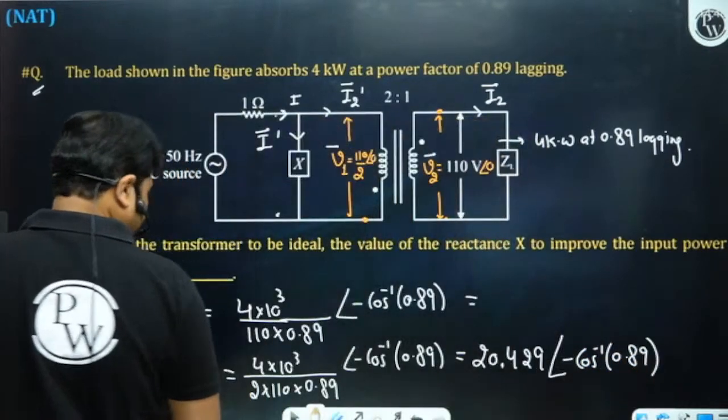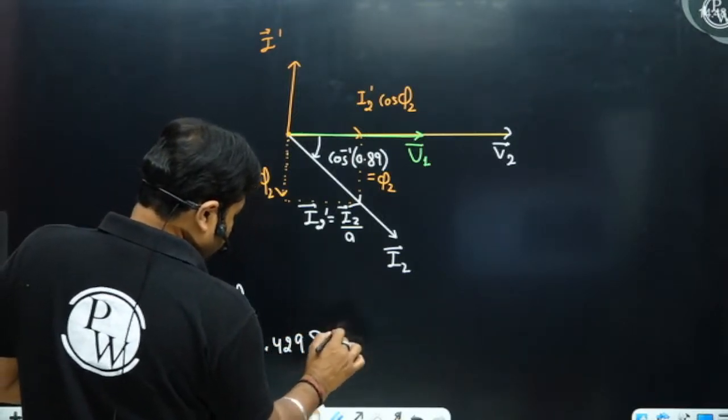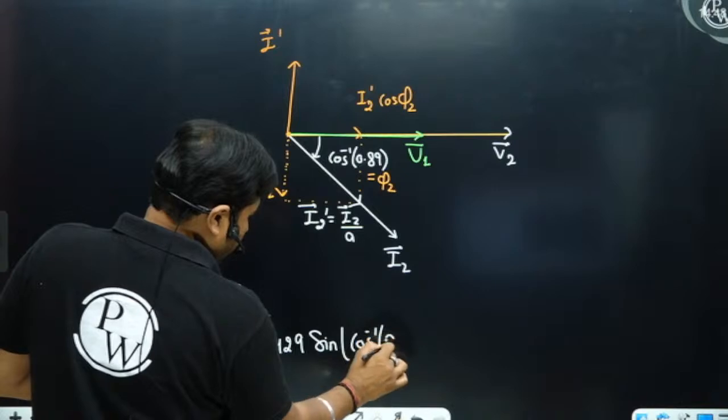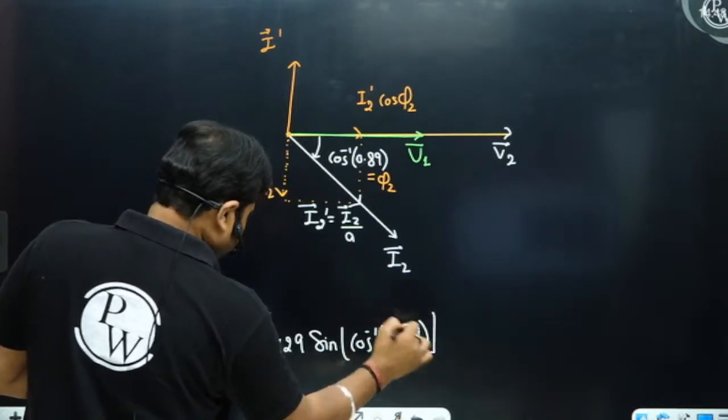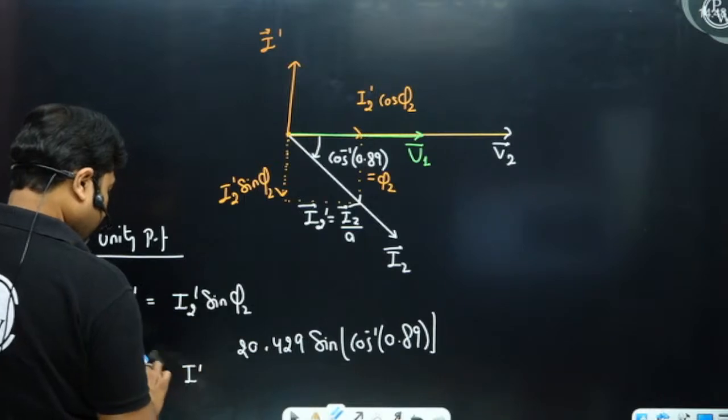So I dash is 20.429 sine of cos inverse 0.89. You can directly put it through the calculator like this. This will be your I dash.